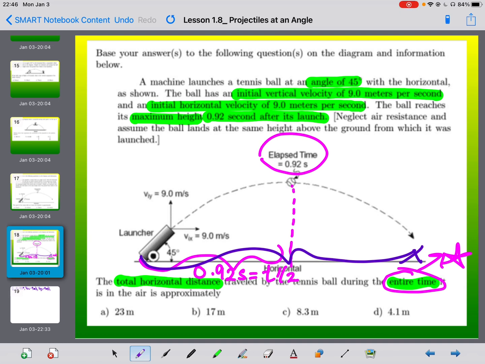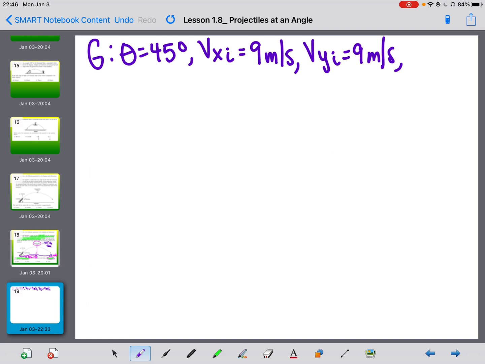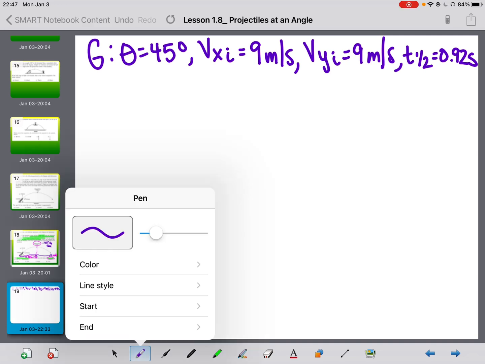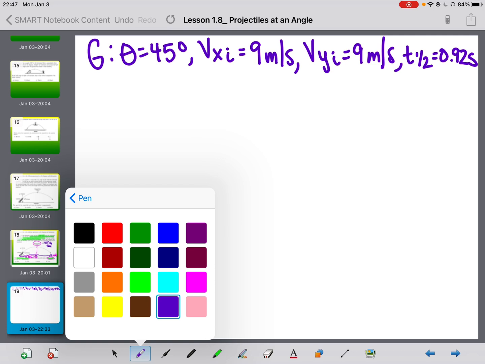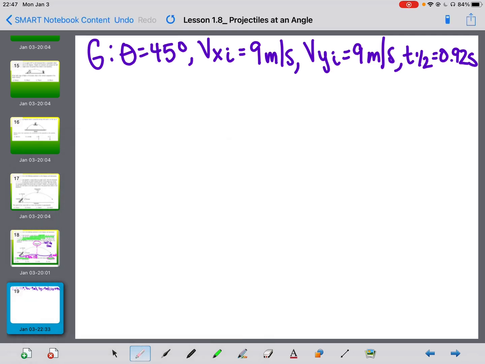Again, to reflect on this, this is only half the time, because that's only half the parabola. So we know that t 1/2 equals 0.92 seconds. With that being said, we kind of know what the total time is, so I'm going to write it in a different color, this nice rosy pink.